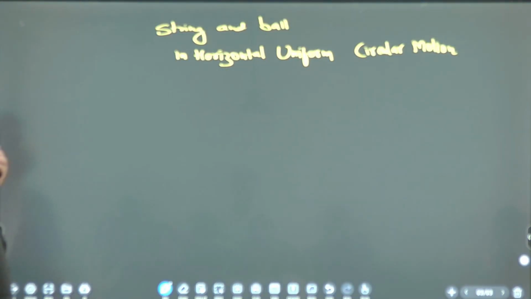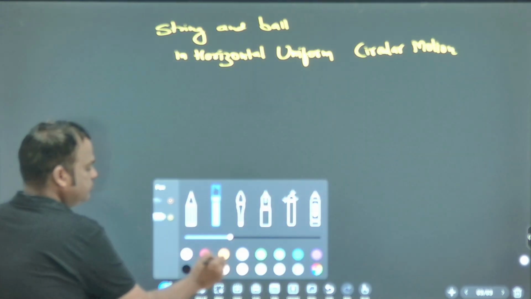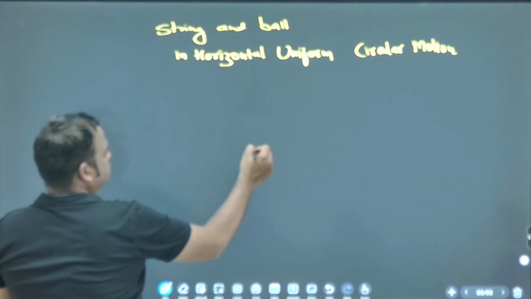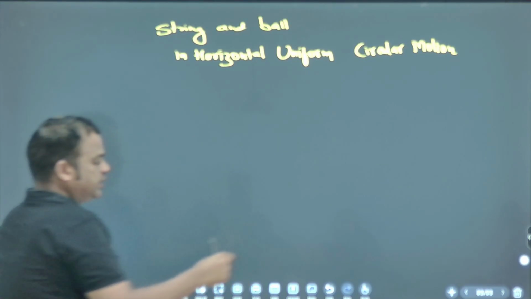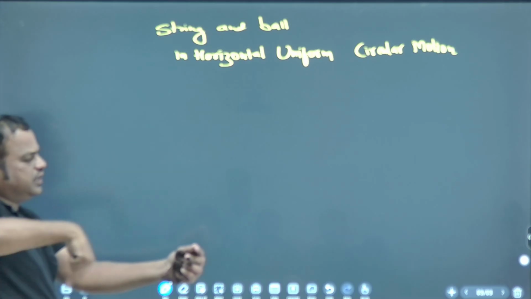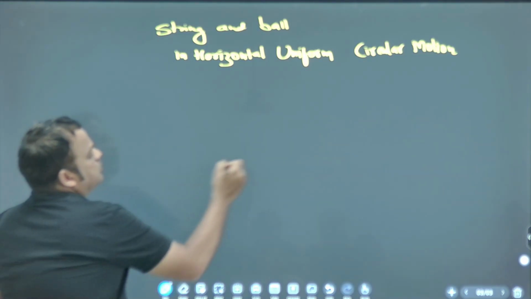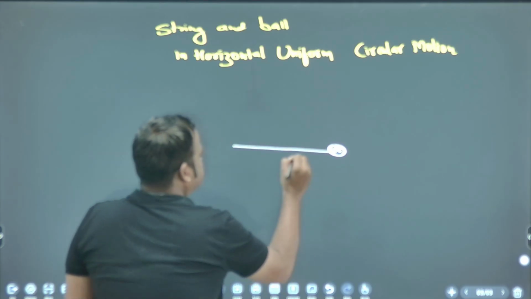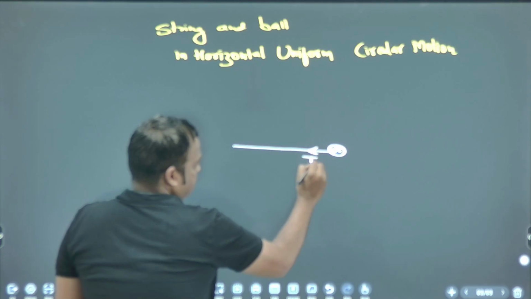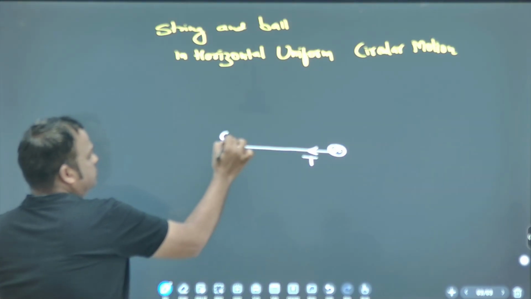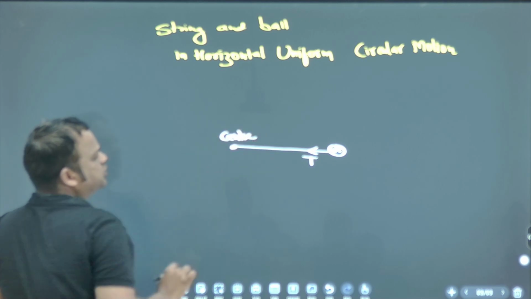String and ball. So horizontal circular motion is there. Suppose one ball is here, performing circular motion like this. It is connected to a string. So note down, tension will act towards the center. This will be the center of the string.